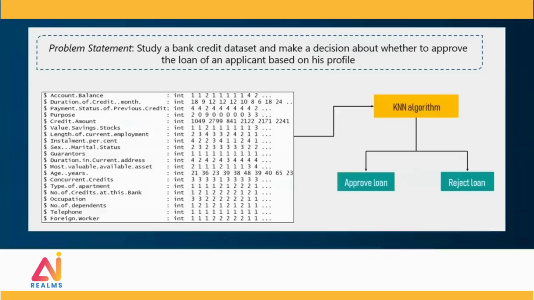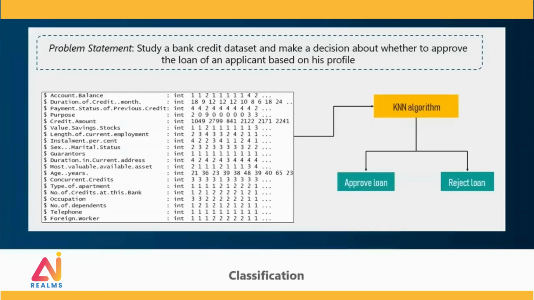Here you have to study a bank credit data set and make a decision about whether to approve the loan of an applicant based on his profile. Now, what is your output variable over here? Your output variable is to predict whether you can approve the loan of an applicant or not. So obviously your output is going to be categorical, right? It's either going to be yes or no. Yes is basically approved loan, no is reject loan, right?